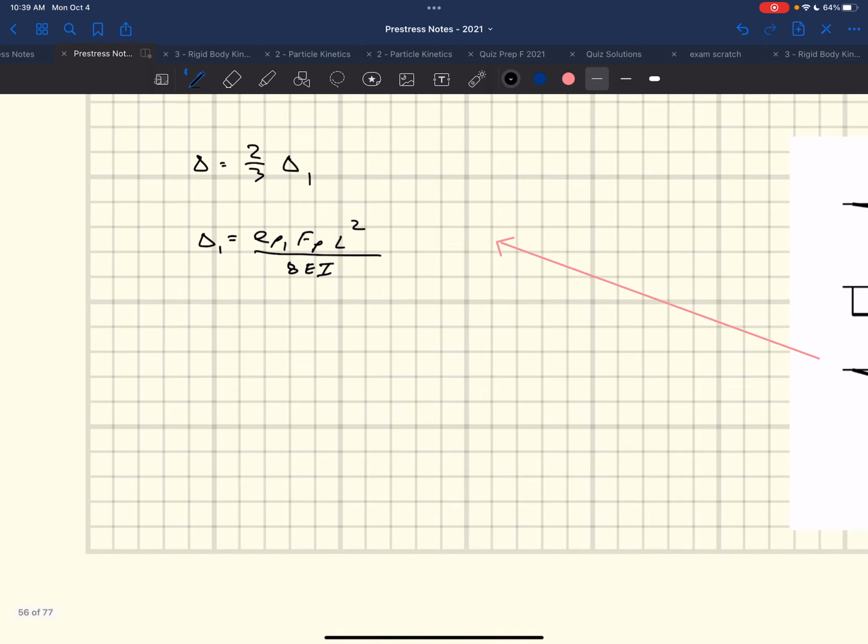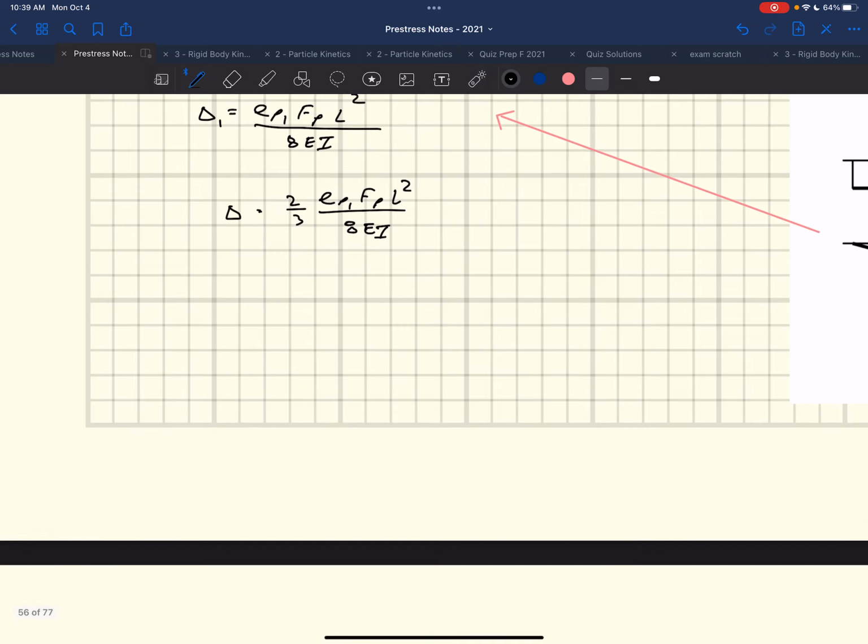If you put that in there and simplify, you get delta equal to 2/3 epsilon sub P1 FP L squared divided by 8EI. And that simplifies down to FP EP L squared all over 12EI. So he was not lying to us.